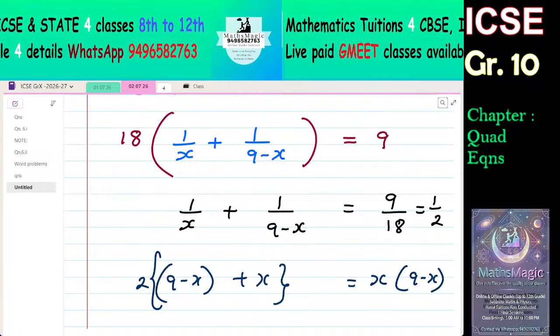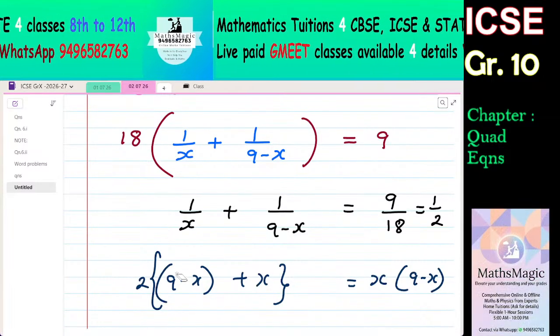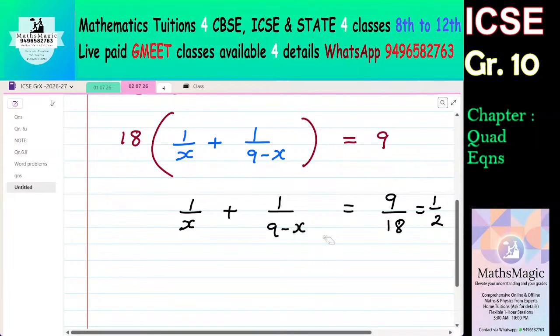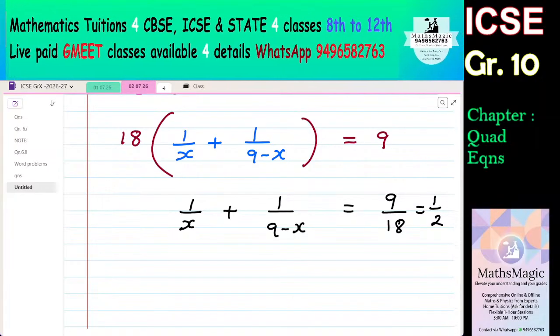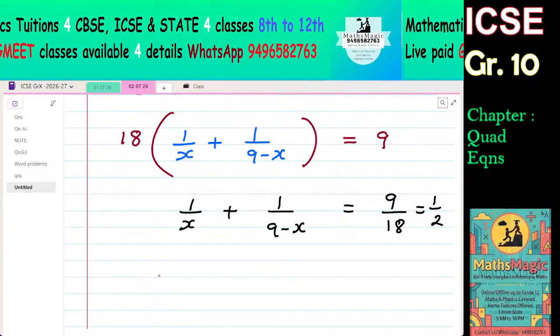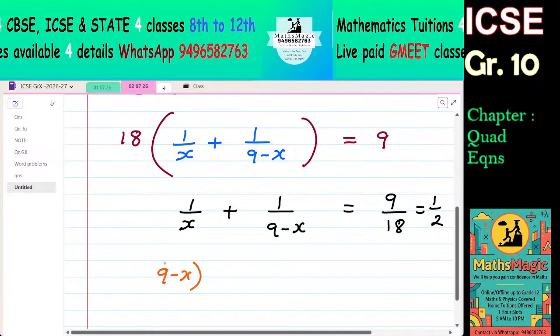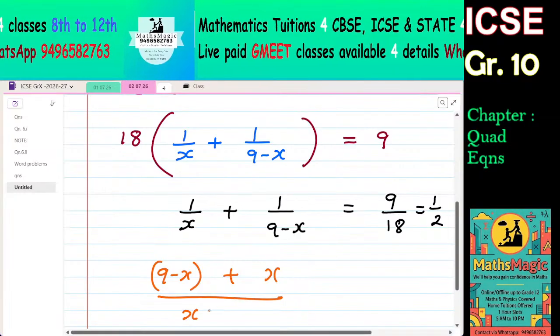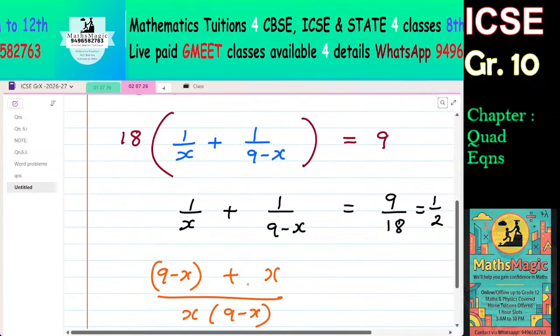Do I need to write the next step? Okay, I will write the next step. For those who have got this step, you can move ahead. So this will be 9 minus x plus x, by x into 9 minus x.